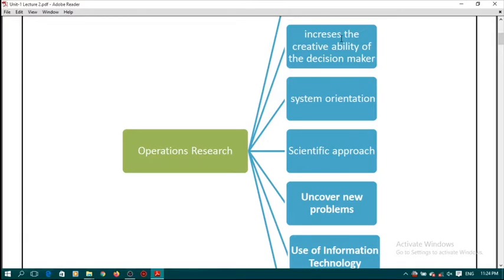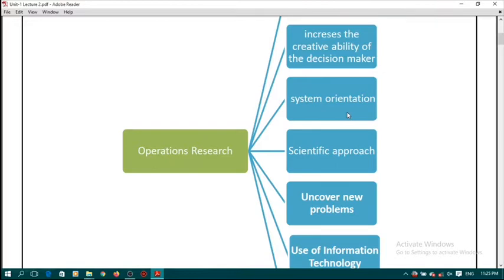You analyze each and every part of the problem, and after that you need to apply some scientific method of calculation. You need to use some software there. And you are dealing with different perspectives of that problem. So that's why as a researcher it increases the creative ability of the decision maker.